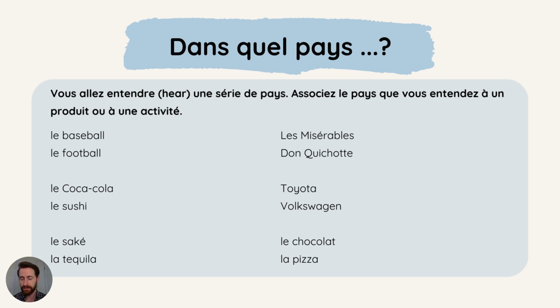Okay, so once again, I'll read the countries, you'll match them to an activity, and then I'll go over the answers. Okay, numéro 1, la France. Numéro 2, le Japon.